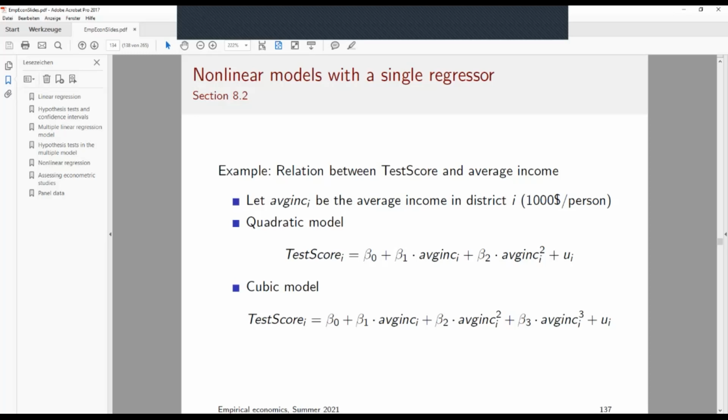We might be interested in a quadratic model, where we model test score as beta 0 plus beta 1 times the average income plus beta 2 times the squared income. That is a quadratic model. And we might also be interested in considering a cubic model if there are higher order polynomial relationships between average income and test score. We might also add this cubic term, average income to the power of 3 here.